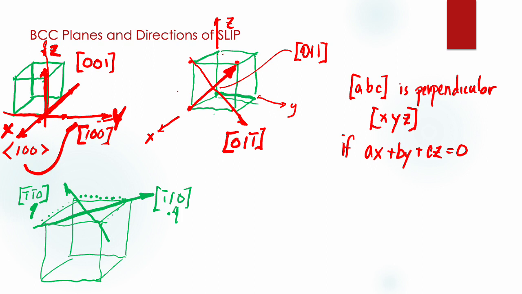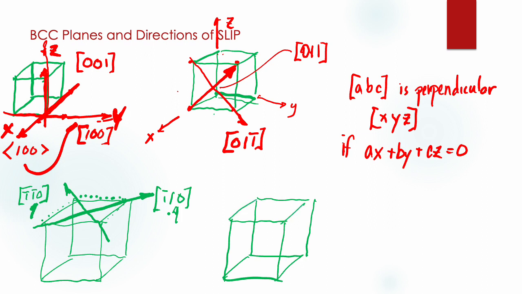So that means that the left and the right faces will have a 0 at the y index. So, let's see, we've done the top and bottom, front and back. Okay, so let's look at this direction.